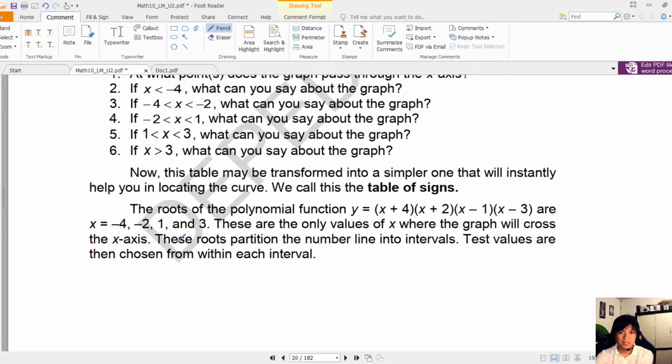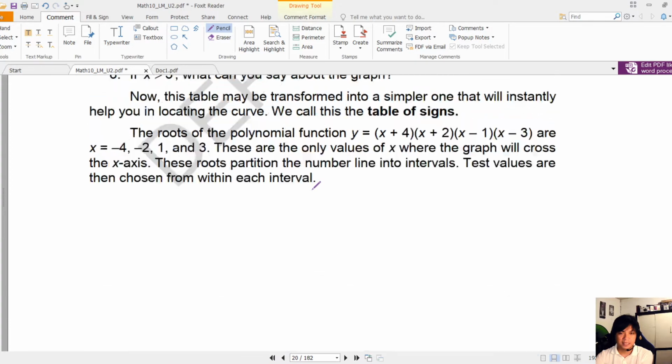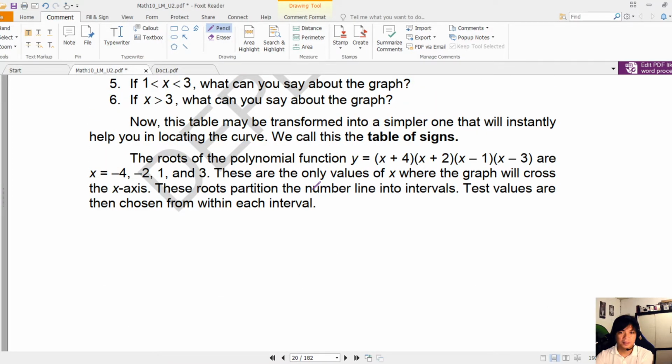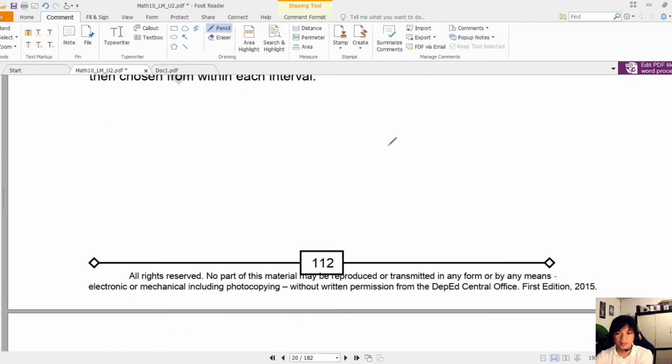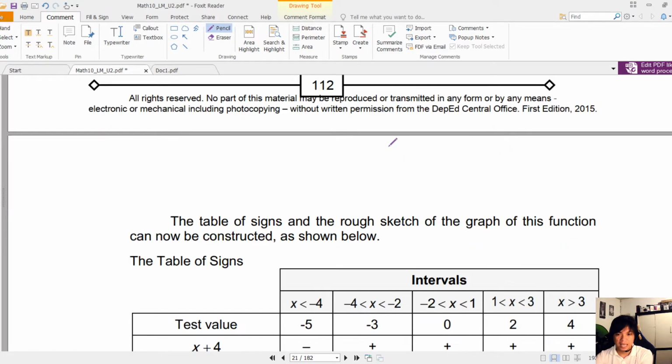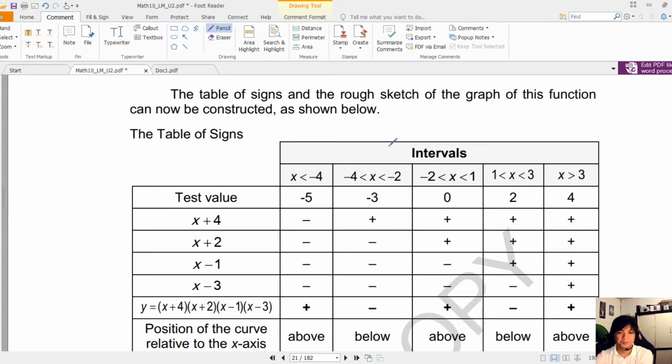Okay, let's have the table of signs. Ito. The table of signs. So in this table of signs, we will deal with signs like this one.